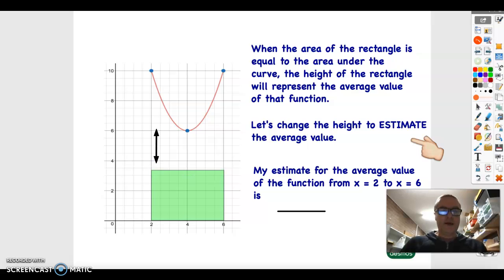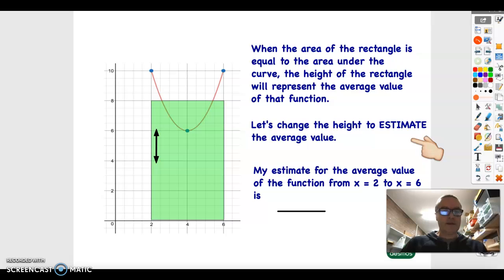So if I adjust this rectangle, obviously that's right up the top. I would like the area of this rectangle to be equal to the area under the entire curve, between the curve and the x-axis. I've already discussed that I think 8 is too high.